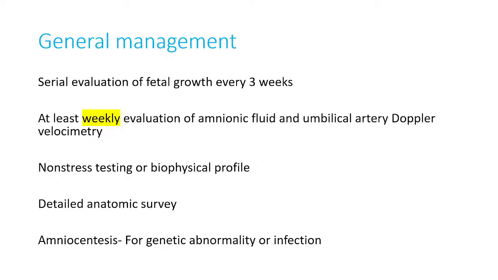certain general management will be there. Serial evaluation we have to do for the fetal growth every 3 weeks. So, why 3 weeks? Why not 1 or 2 weeks, why not 4 weeks? Because it has been seen that if you measure the fetal parameters, there will be certain inter-observation and inter-observer variability.